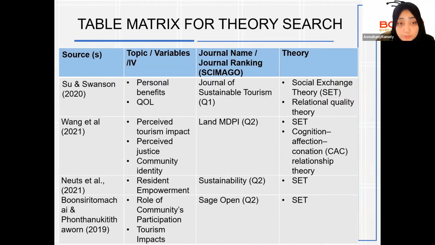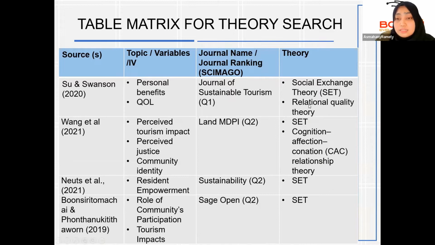It is important to have this independent variable, because it will help us decide later on: if we use relational quality theory, we have to include quality of life as one of the independent variables to measure resident support.